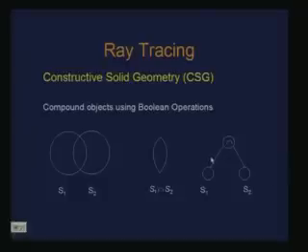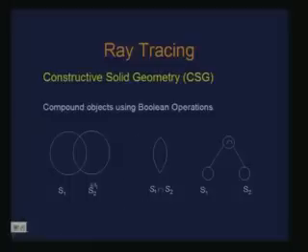This is the intersection here. And you can also think of using a transformation, let's say T1 and T2, associated with these objects S1 and S2.